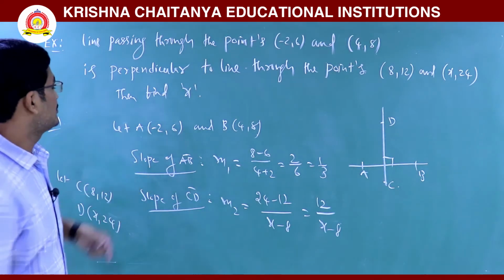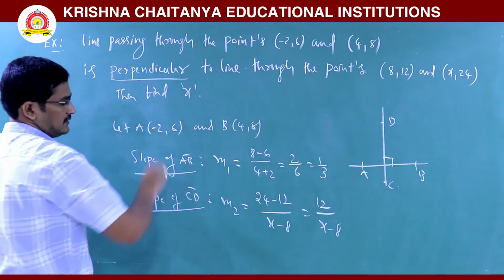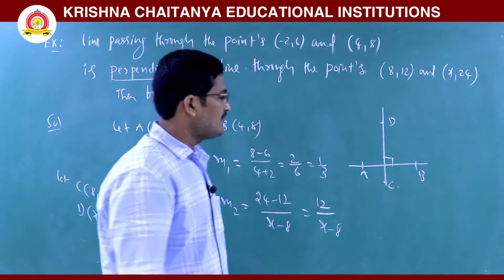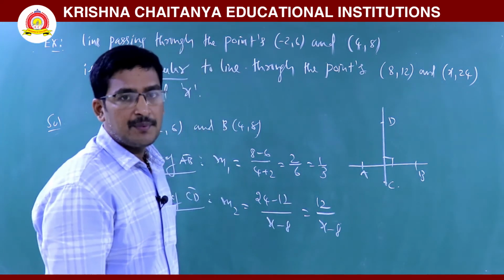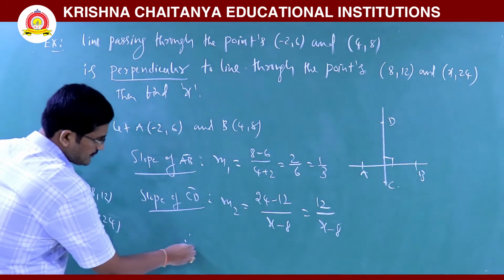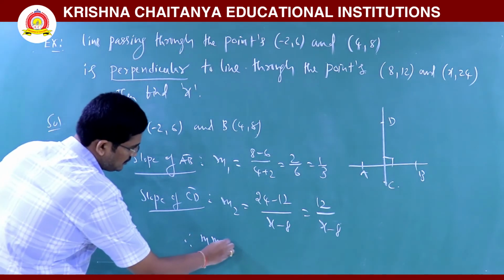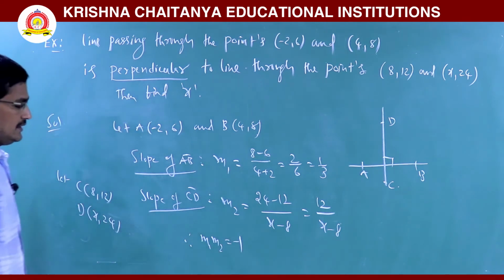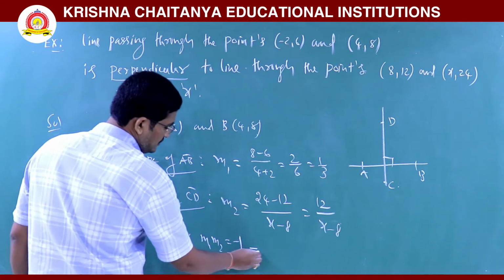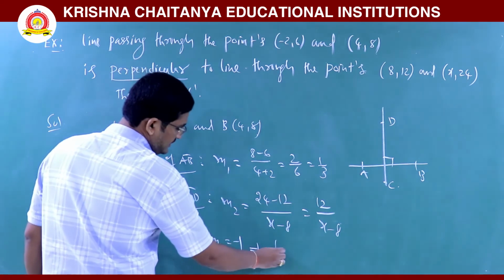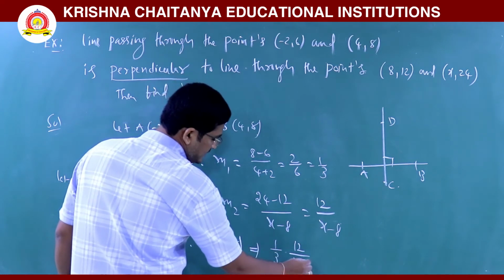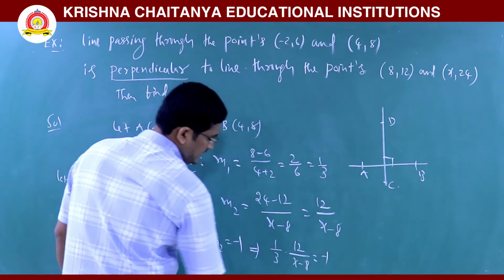Given that those two lines are perpendicular to each other, m1 is the slope of AB bar, m2 is the slope of CD bar, then m1 into m2 is equal to minus 1. By applying this condition, m1 is 1 by 3 and m2 is 12 by x minus 8, so the product is equal to minus 1.